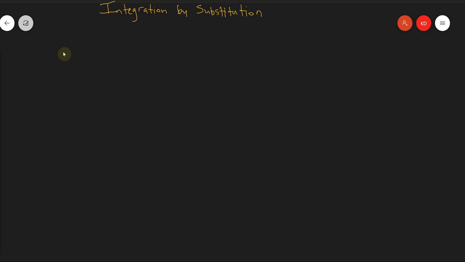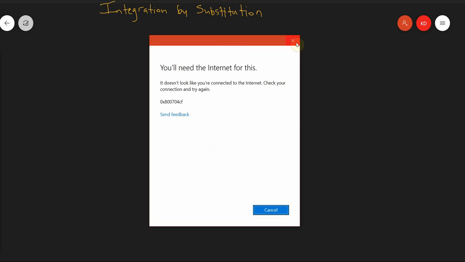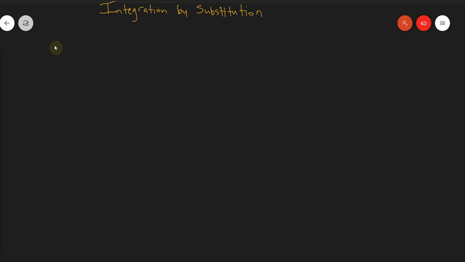Now with some problems you may be able to see what's happening with the integral in order to come up with an answer, but not in all cases. If I should write a problem like this, oh, that's a funny looking integral sign.